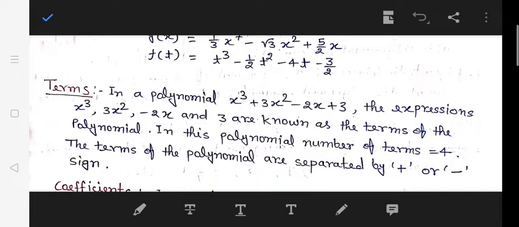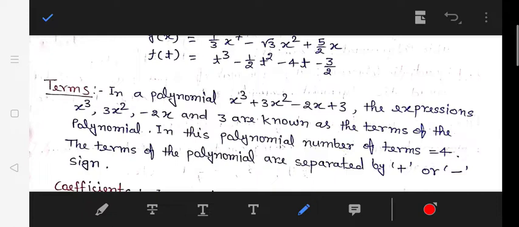In this polynomial, the number of terms is equal to 4. You can count that the total number of terms is 4. Here x cube first, second 3x square, third minus 2x and fourth plus 3.